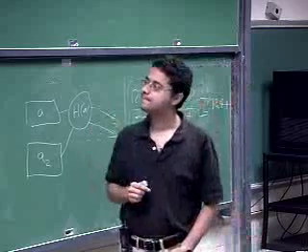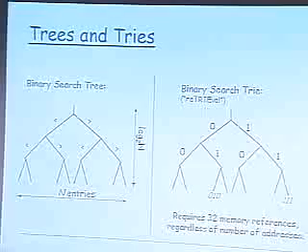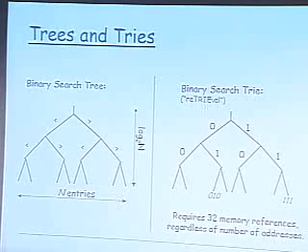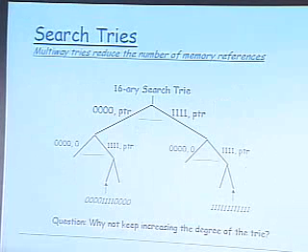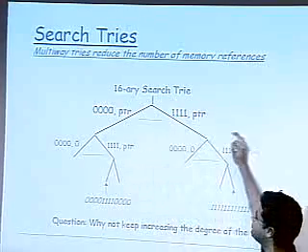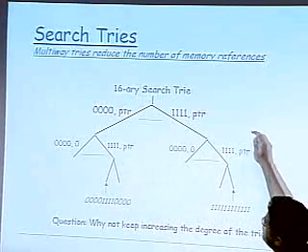So that was a binary search tree. You can have multi-way trees. A multi-way tree is going to reduce the number of memory references. So instead of having a binary decision, you can have a multi-way decision.